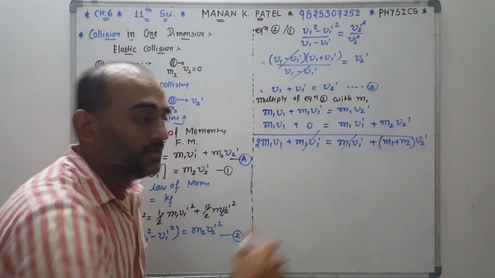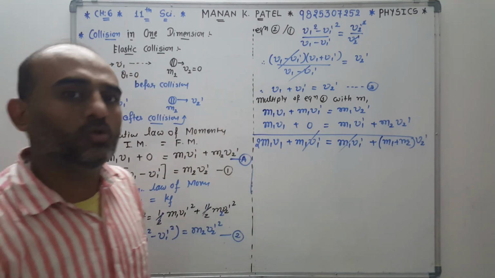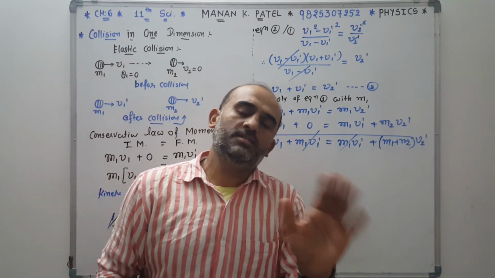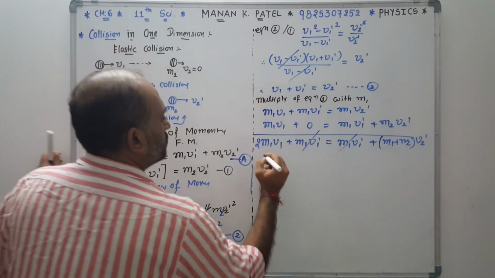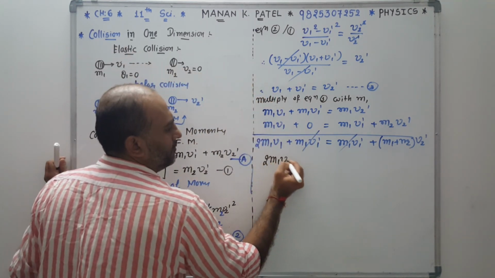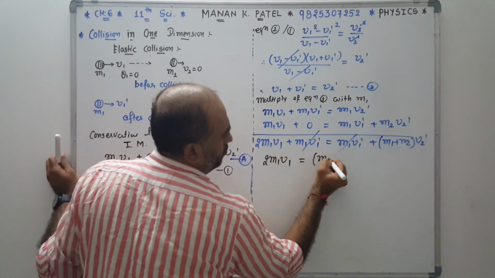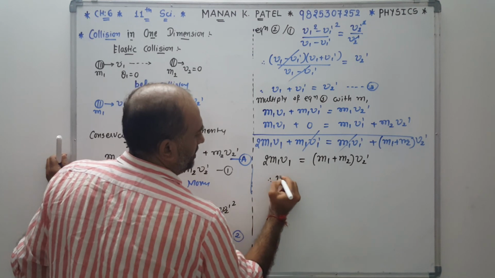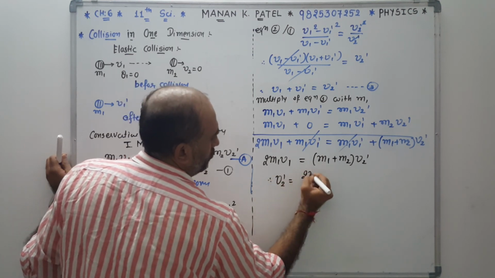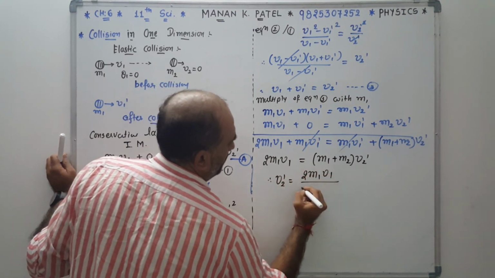So different conditions are possible; you can explain one of them. So here 2 m1 v1 is equal to (m1 plus m2) v2 dash.